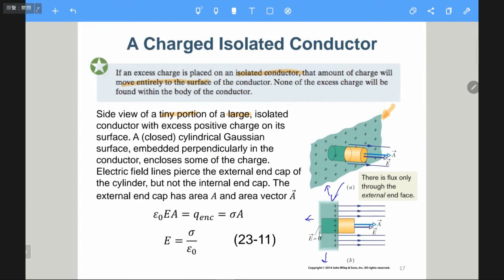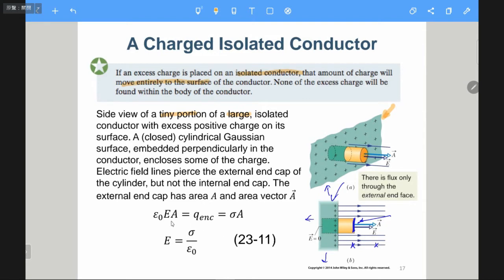When we consider the flux for this cylinder, for the right surface, it will be E times A. We don't necessarily know that the E field at this point and this point will be the same. But this surface has an equal distance to the plane, so we can know the E field over this plane will be uniform.